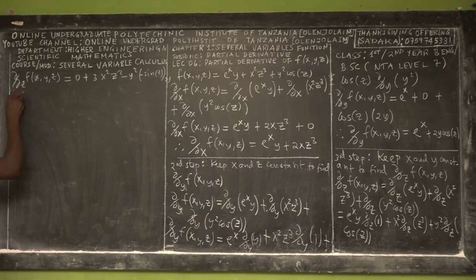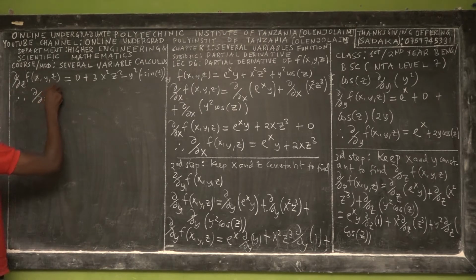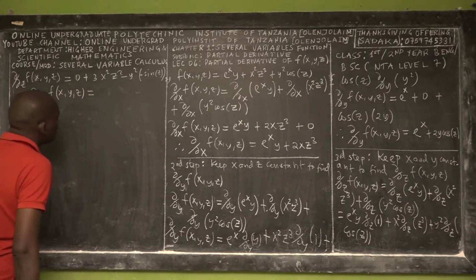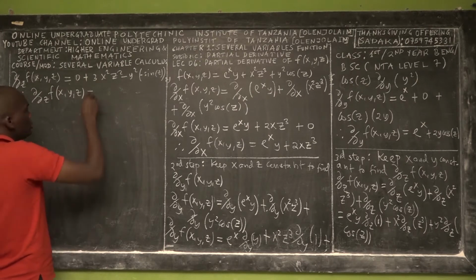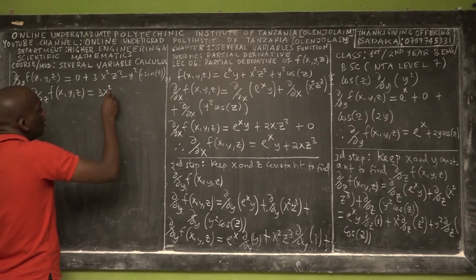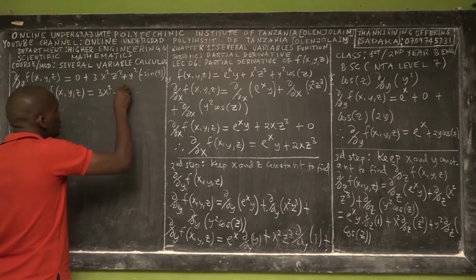So then we have partial derivative with respect to z of the function f of x comma y comma z. This is equal to 3x squared z squared, here it was plus, so minus what?